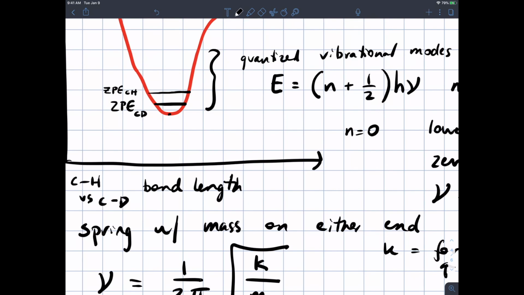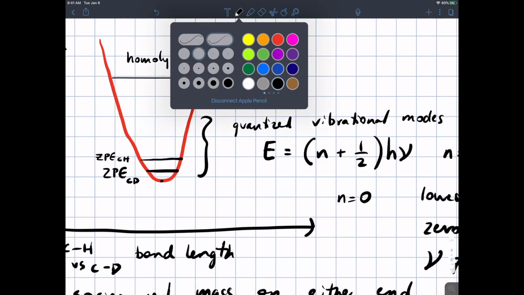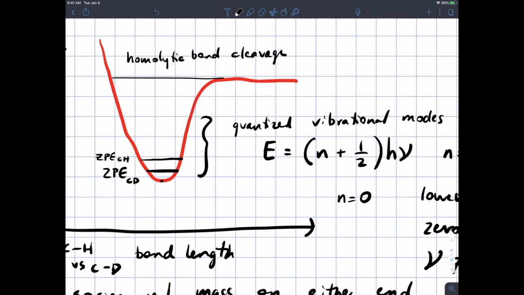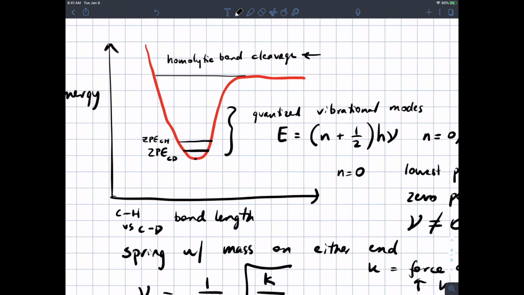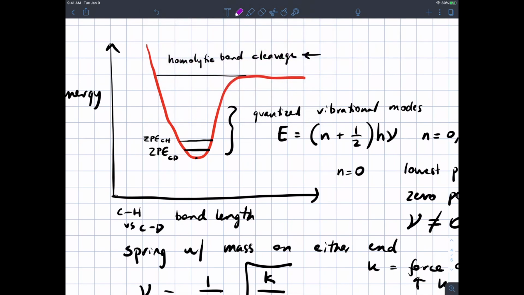Okay? Now, let's talk about how that influences bond strength, shall we? And let's think of it in terms of both thermodynamics and kinetics. If you wanted to break the CH bond, and suppose that breaking the CH bond in this case means homolytic bond cleaving, then the energy you have to supply is to go from this point all the way up the Morse potential.